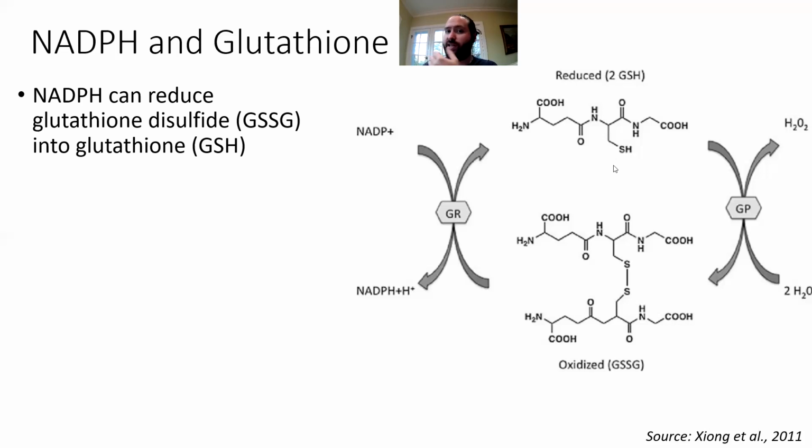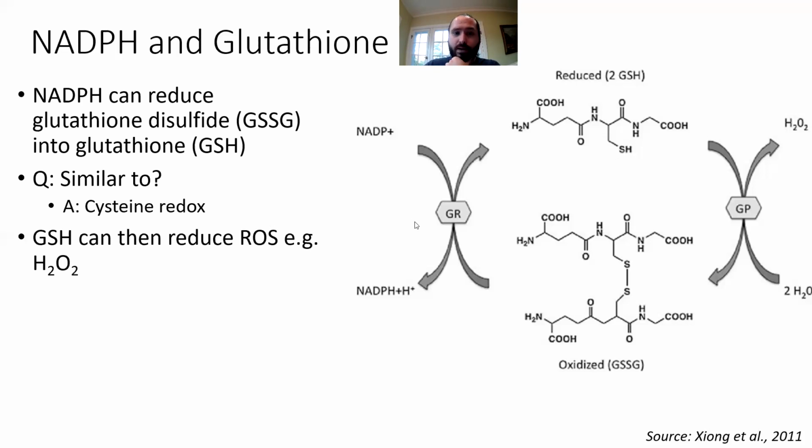And we utilize the cysteine residue to perform redox reactions similar to disulfides in protein structure, right? Once we have reduced glutathione disulfide, GSSG, to glutathione, GSH, glutathione can then reduce reactive oxygen species such as peroxide into water. So one benefit of making NADPH is it can restore reducing power to our cellular antioxidant, glutathione.